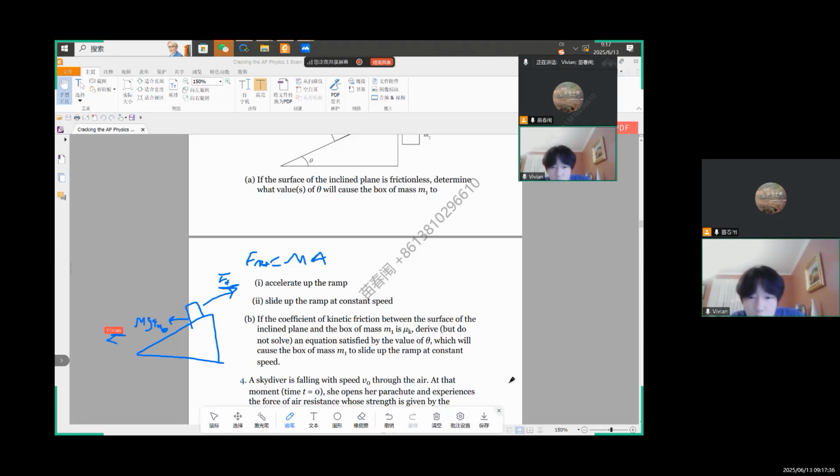Kinetic friction, so that's mu k times m g cos of theta.